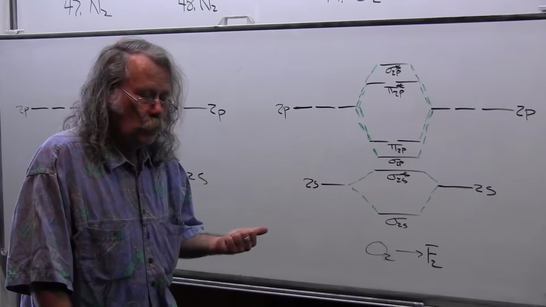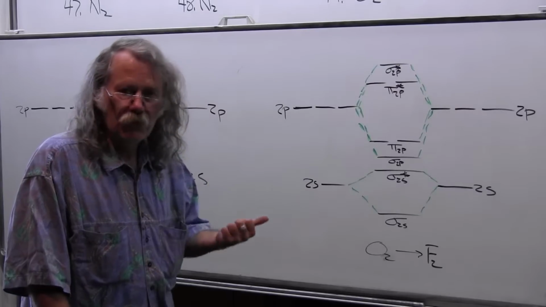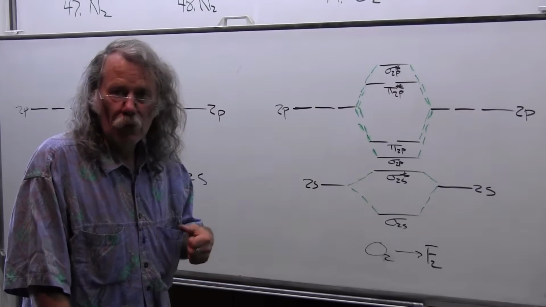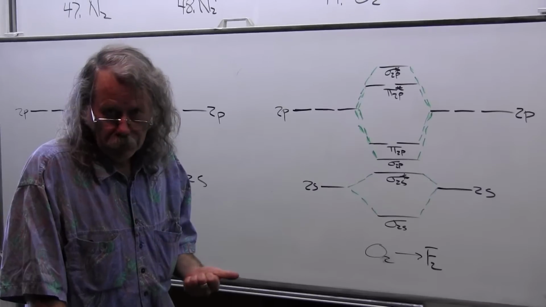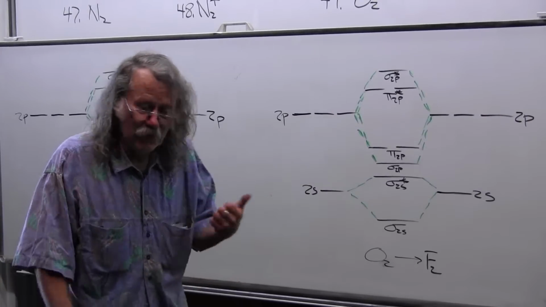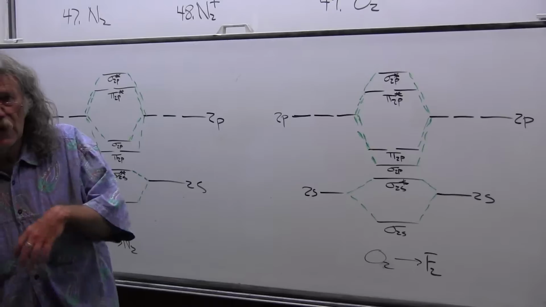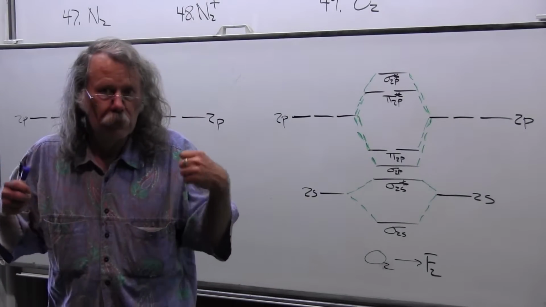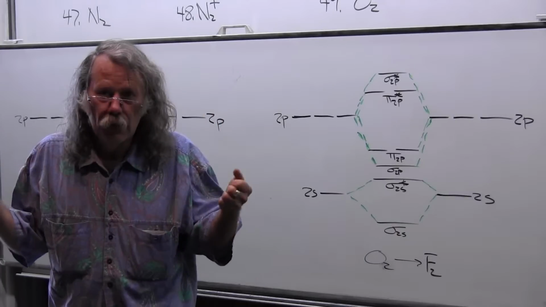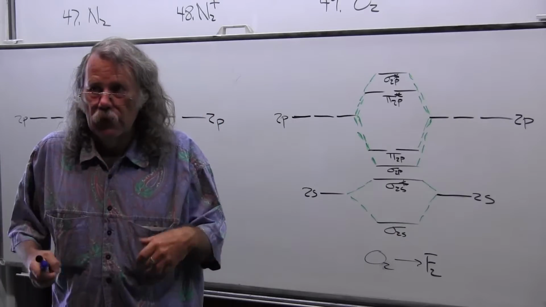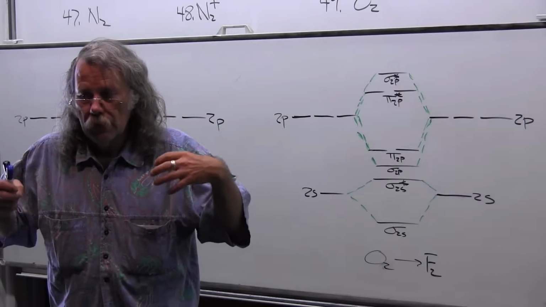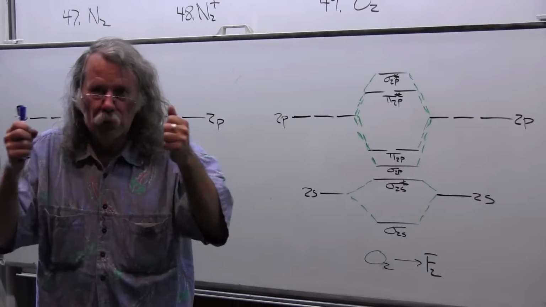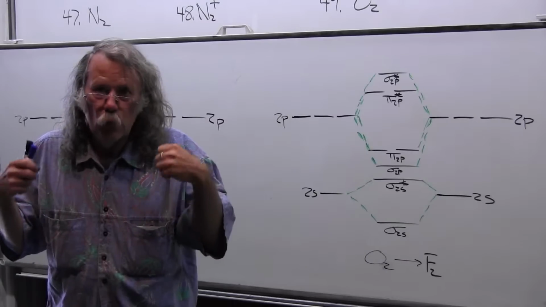Whether we're going to see an increase or a decrease in the bond order is going to be contingent on whether we're removing a bonding electron. If a bonding electron is being removed, we're going to see a decrease in the bond order. The resulting ion will have a lower bond order. It's going to be a longer bond and a weaker bond.